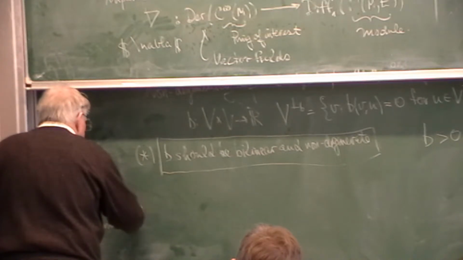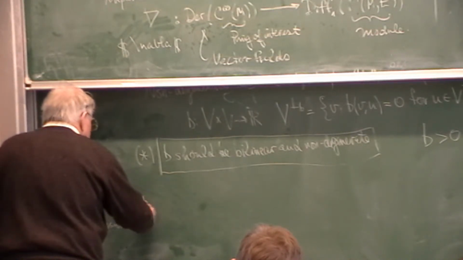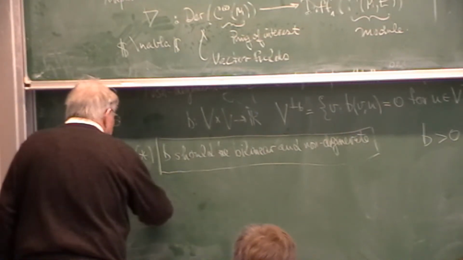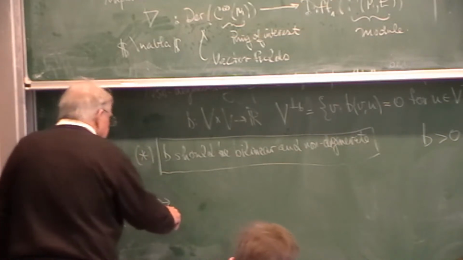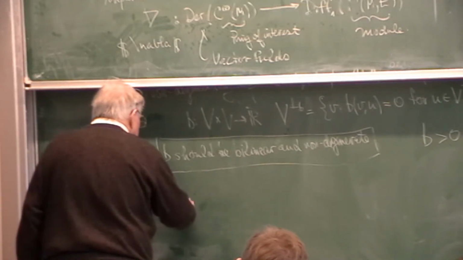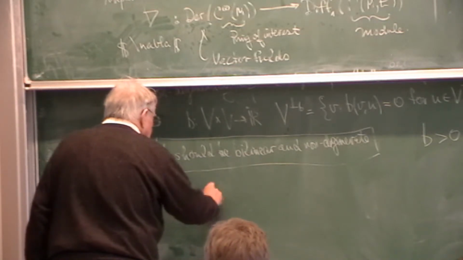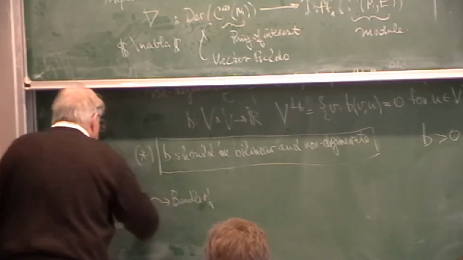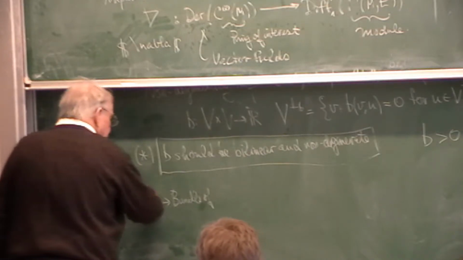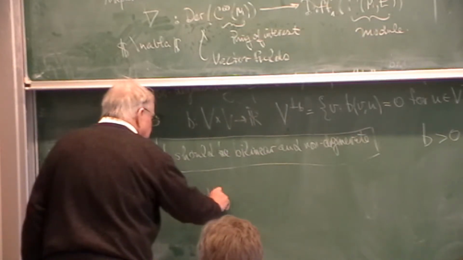We go from the tangent bundle, and let's go to the bundle of bilinear forms. Well, any bundle. You have any vector bundle and the bundle of bilinear forms on that vector bundle.